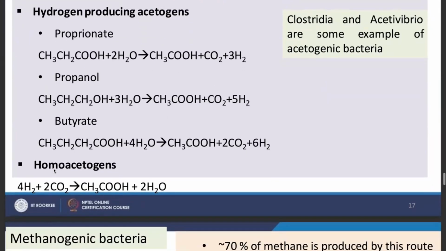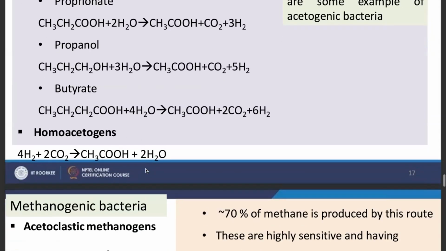If we give them to homoacetogens, a class of microbes, they will use CO2 and H2 and convert it into acetic acid, right? So in one, we are using simpler compounds, that is propionate, propanol, and butyrate, to get them converted into acetic acid, CO2 and H2. In the next, for homoacetogens, we are using CO2 and H2 to convert them into acetic acid and water, right?